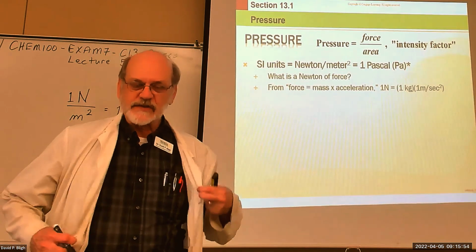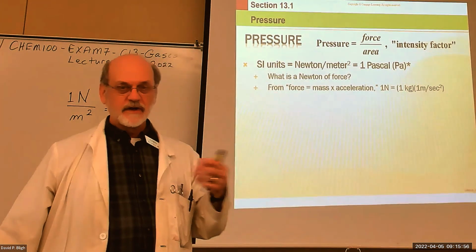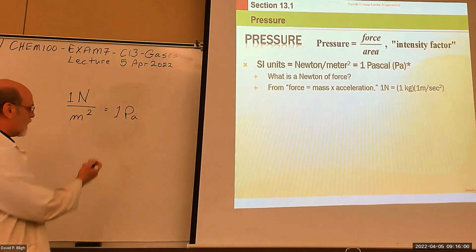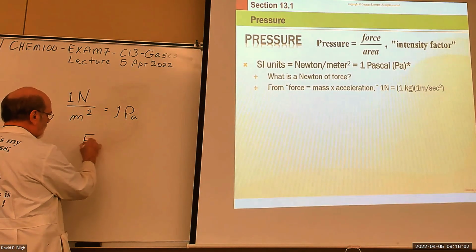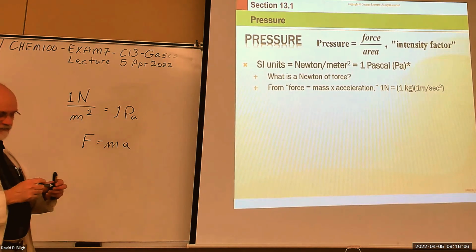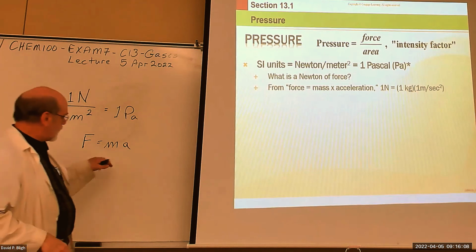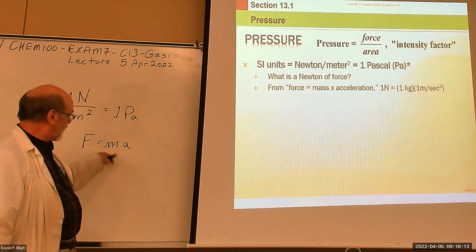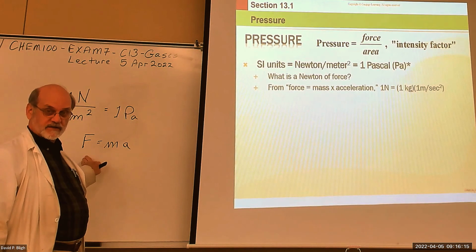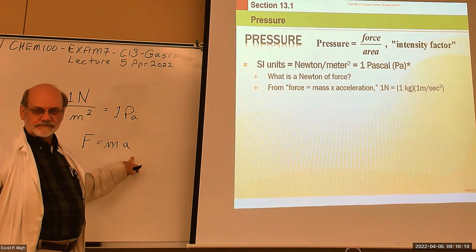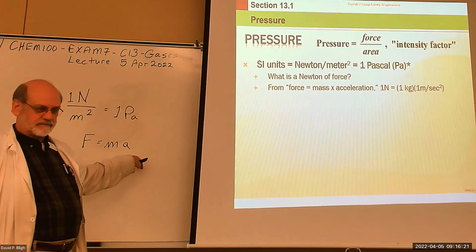If you haven't had physics or a physical science course, you probably don't know what that means, but I'm going to show you. Newton's second law of motion says that force equals mass times acceleration. So if you have a body that has a certain mass and you apply a given force to it, it will accelerate at this amount. Now, what's acceleration?